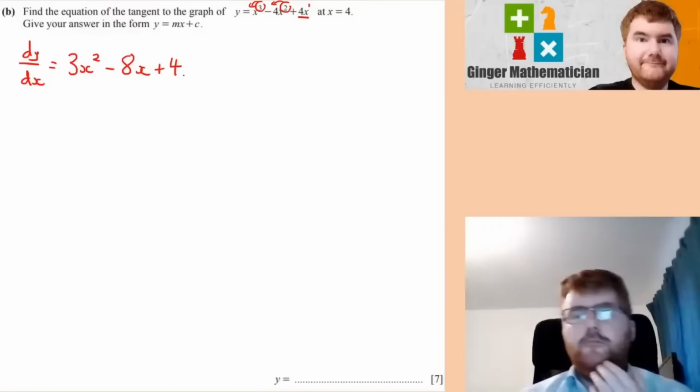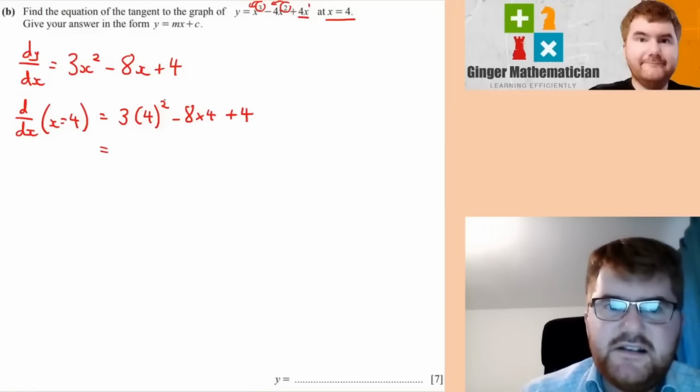Now at this point, we actually want to work out the gradient at the specific point. We don't want to work out turning points or anything. So we need to work out dy by dx, where x is equal to 4. What does that mean in real English? Well, we're going to put 4 into this equation. So we get 3 lots of 4 squared minus 8 times 4 plus 4.